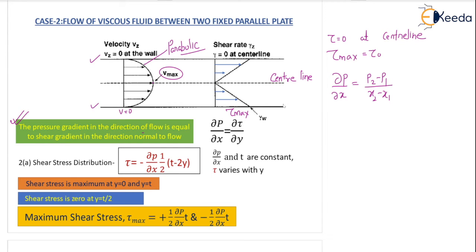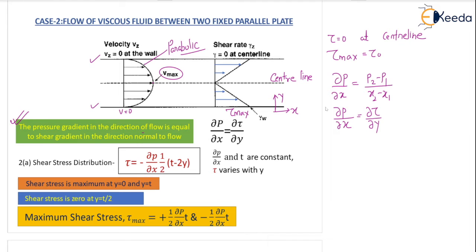As per the note, the pressure gradient in the direction of flow, the x direction, is equal to the shear gradient in the direction normal to flow. Shear gradient means dou tau by the direction normal to flow. What is the normal direction of x? The y direction, correct? So dou p by dou x equals dou tau by dou y.